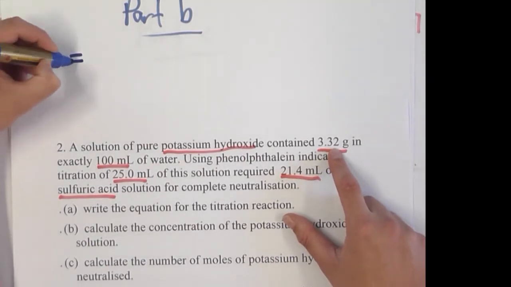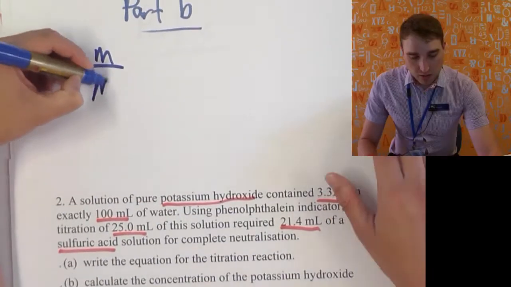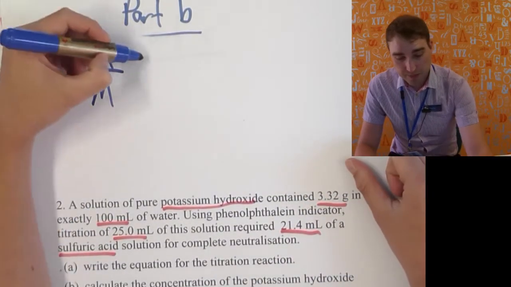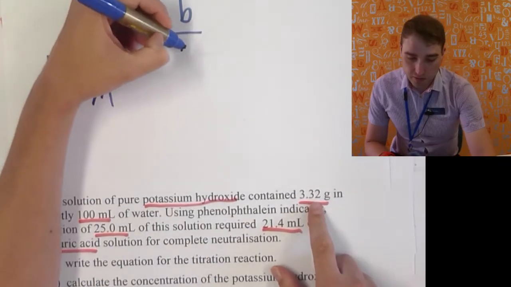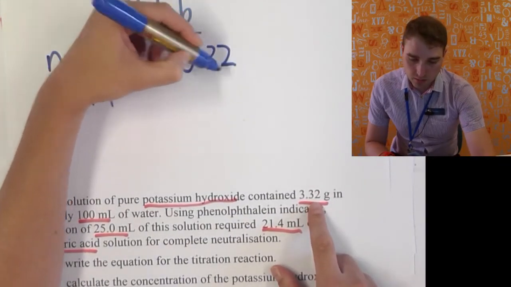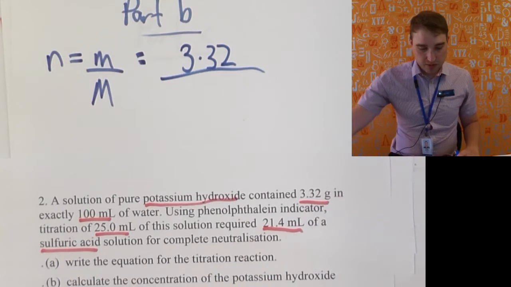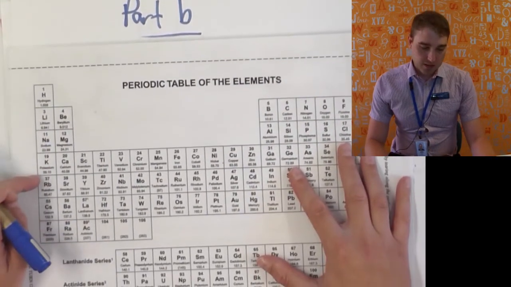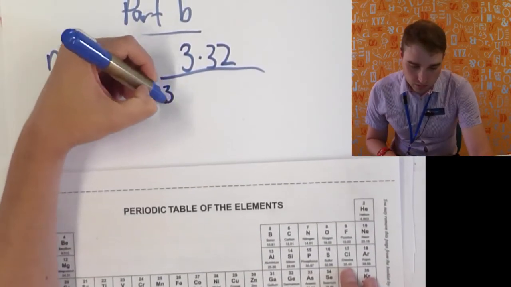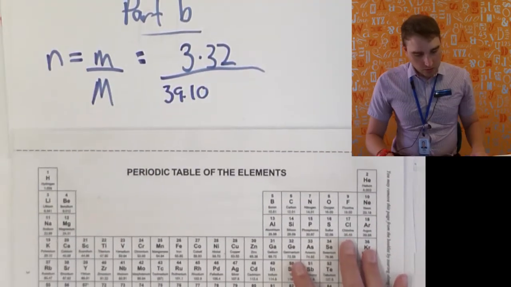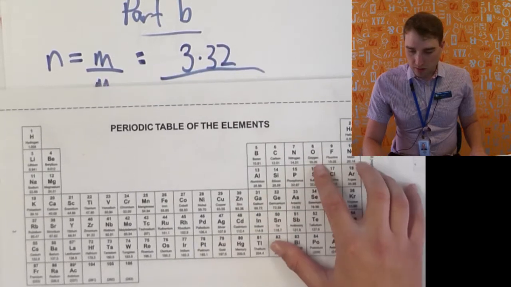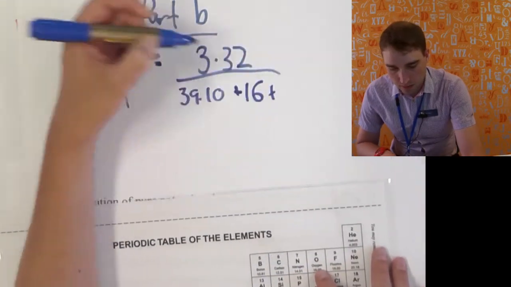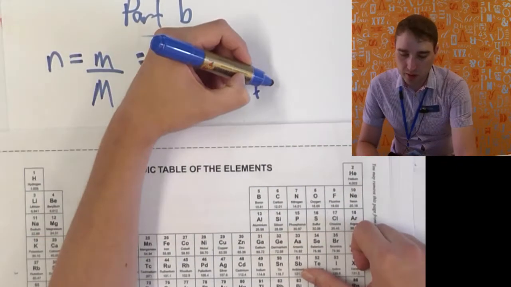So the formula is n equals m on M. Number of moles equals the mass divided by the molar mass. Our mass is 3.32 grams, and for our molar mass, we need to look up potassium hydroxide. So grab our periodic table, find potassium down here, 39.10, then we need to look up oxygen, over here, 16, plus hydrogen, which is 1.008.